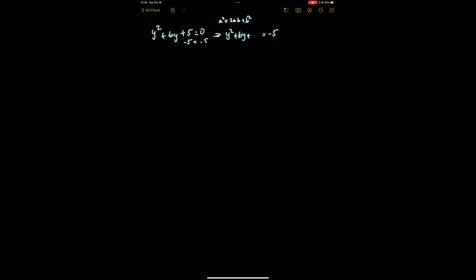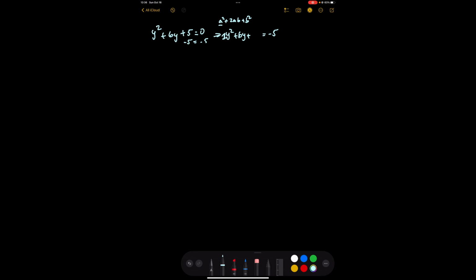Because when you do that, it opens to you the number in between. So you already know a squared is equal to 1, because there's a 1 in front of the y.